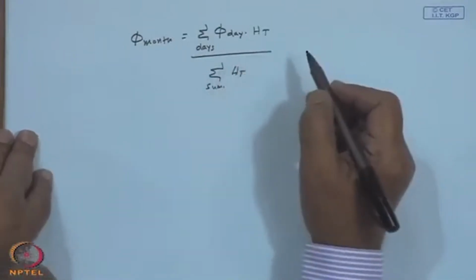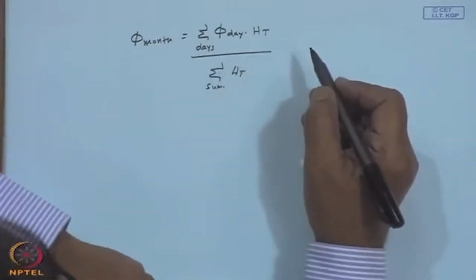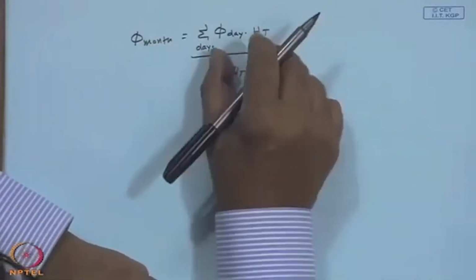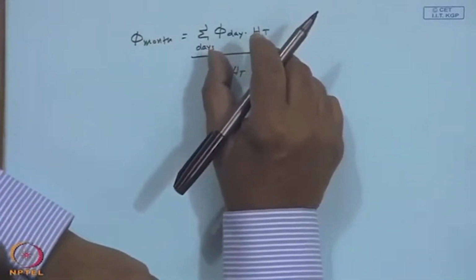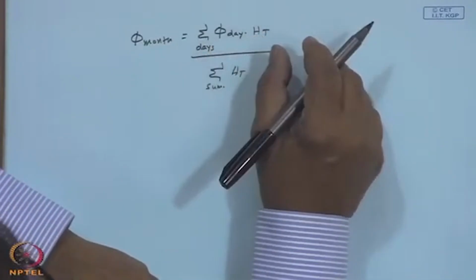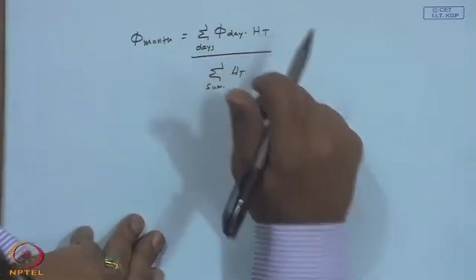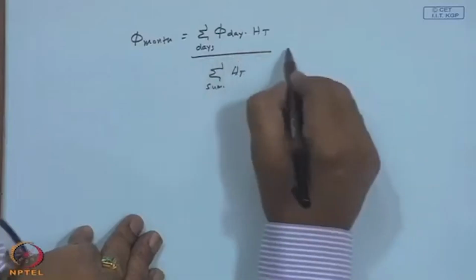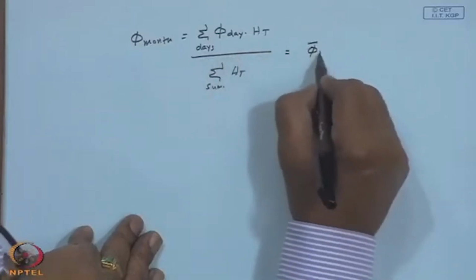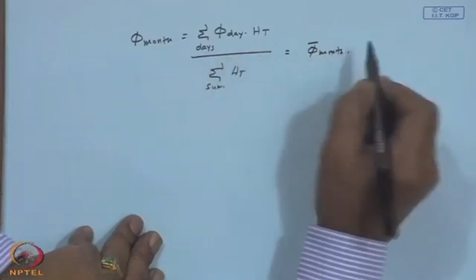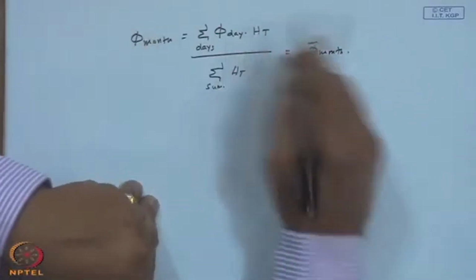This is a little easier way of conceiving the definition of utilizability. What I am trying to do is pick up the solar radiation every day above the critical level upon the total solar radiation falling on the collector in the month. This is also equal to phi bar. Numerically, it does not make any difference because it is a ratio of both. Okay.